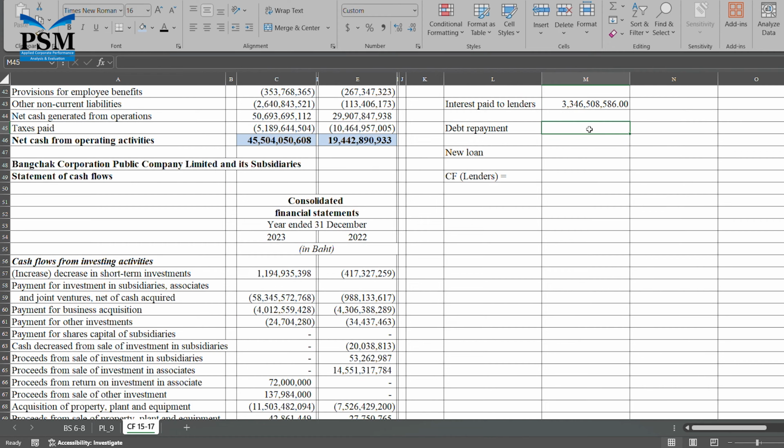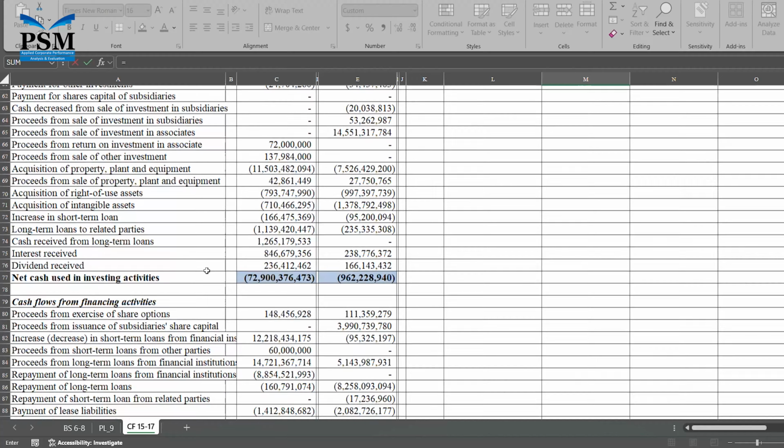Now we move to the debt repayment. Debt repayments by the company will be recorded as negative numbers in the financing section, but we are going to change them to positive because they are all paid to the lenders. Since we are doing the calculation from the lender's perspective, we have to change it into cash inflow. So we say equal. We go to the financing activity.